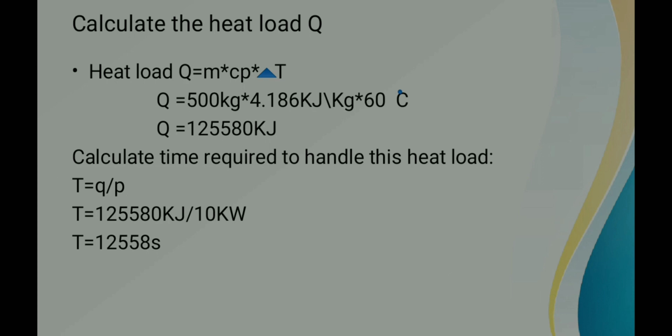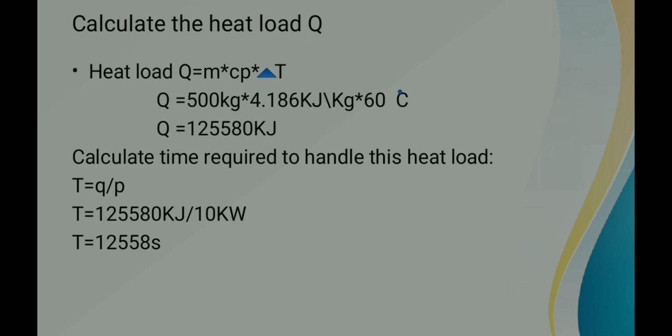If we divide that, we get a time of 12,558 seconds. Within that time, with that heat load, the 80 degrees Celsius temperature will be reached.